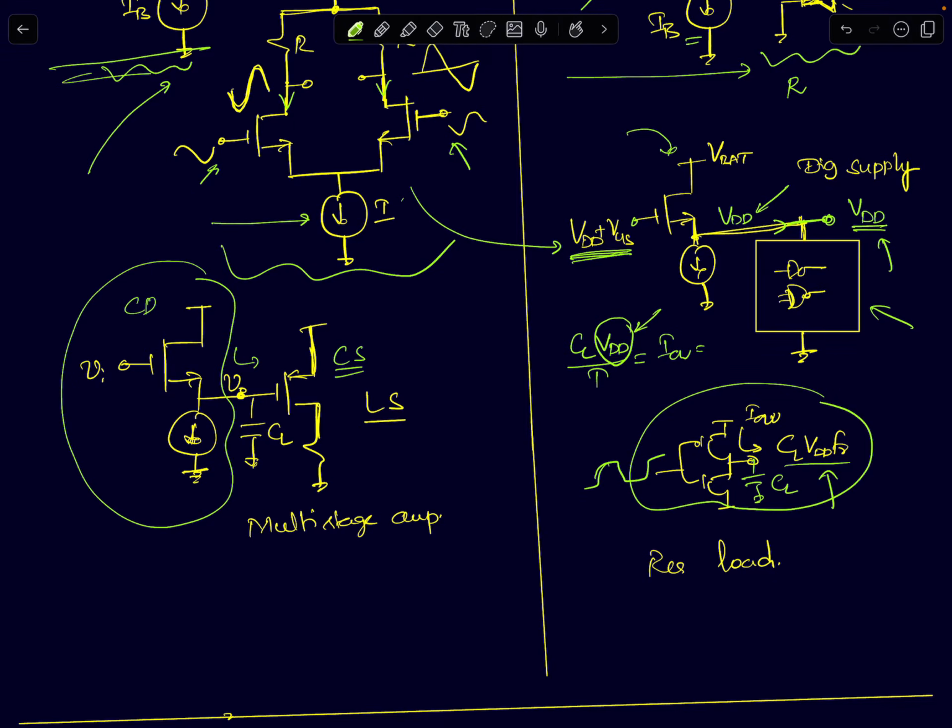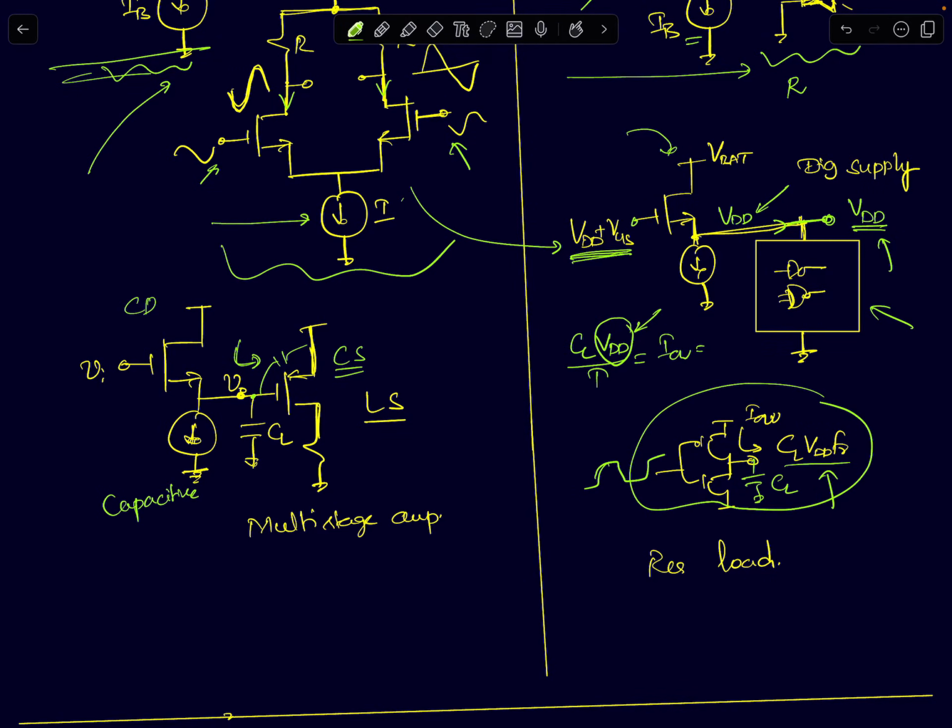Now if you look at the source output, the load it sees is purely a capacitor, the gate-to-source and gate-to-drain capacitances. I'm not considering the exact loads, but I'm giving you an intuition that typically if you're driving the gate of a device, you will normally see capacitive loads.